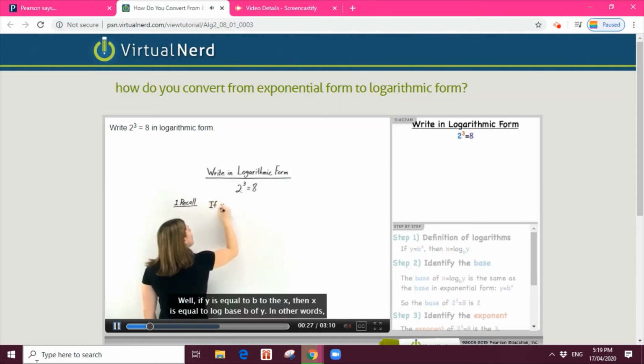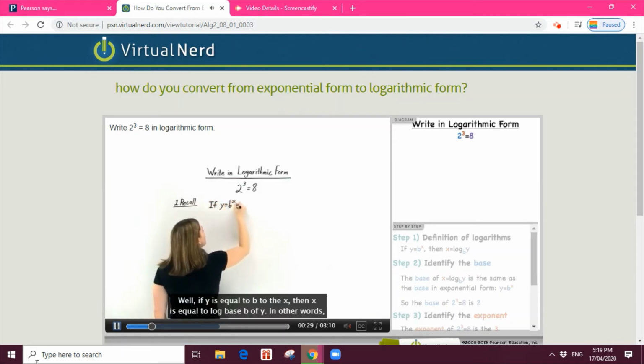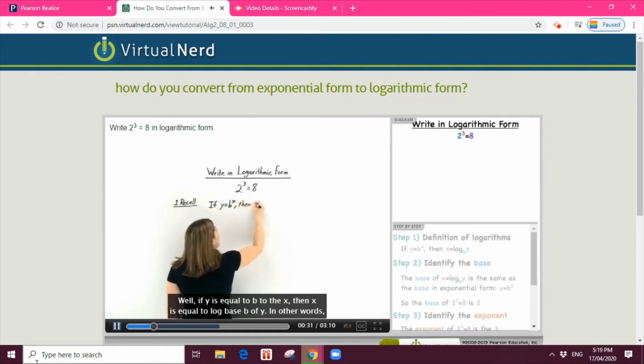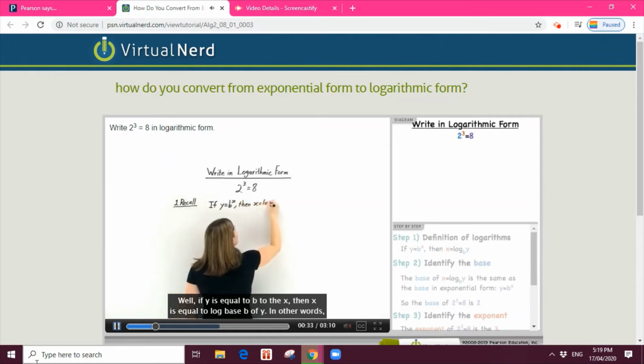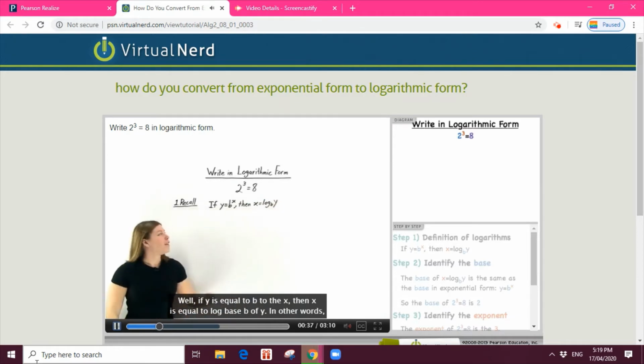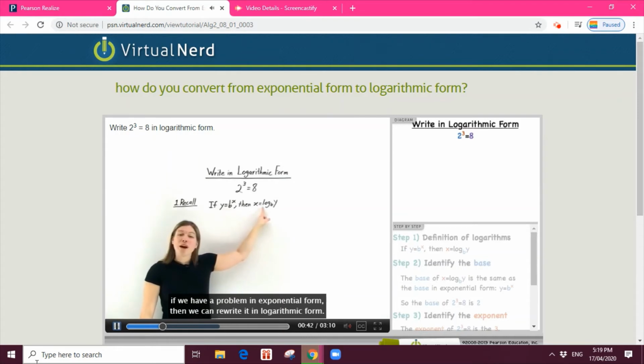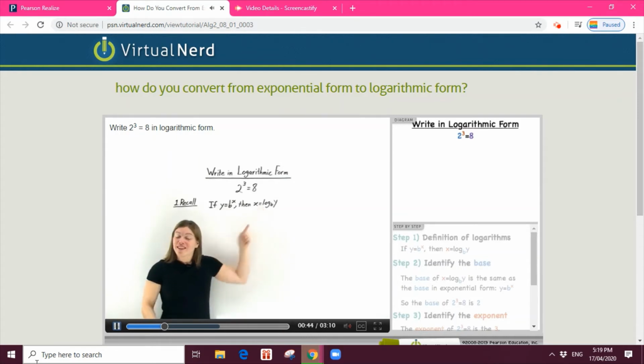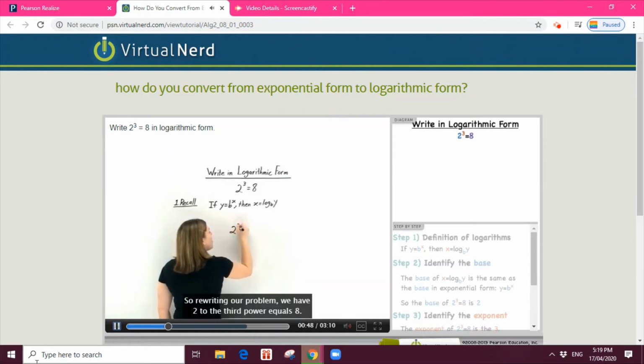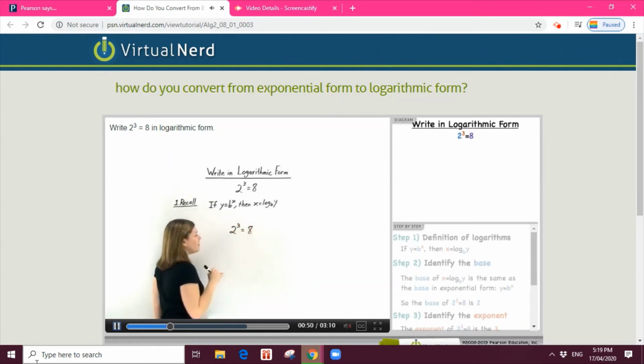Well, if y is equal to b to the x, then x is equal to log base b of y. In other words, if we have a problem in exponential form, then we can rewrite it in logarithmic form. That's exactly what we're trying to do. So rewriting our problem, we have 2 to the 3rd power equals 8.